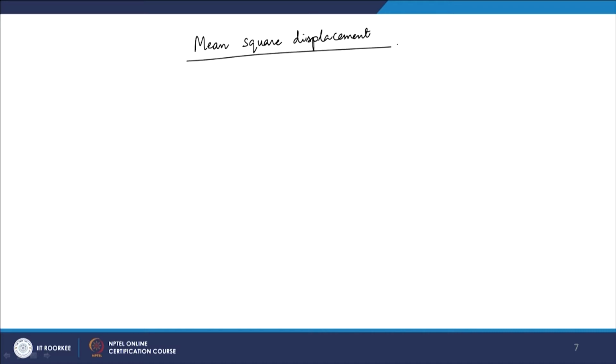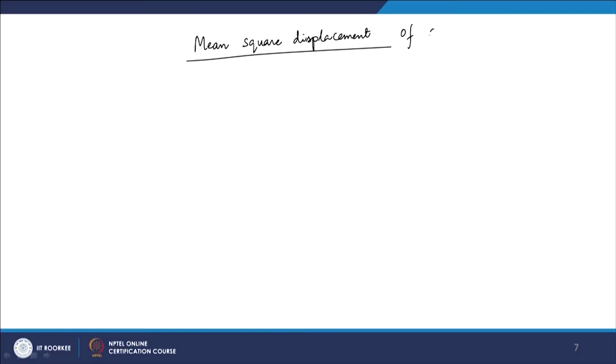So, mean square displacement we can define for the entire chain. More specifically, maybe we want to define it for the center of mass. If I want to define the mean square displacement of the center of mass, it already captures the net diffusion of the polymer chain.